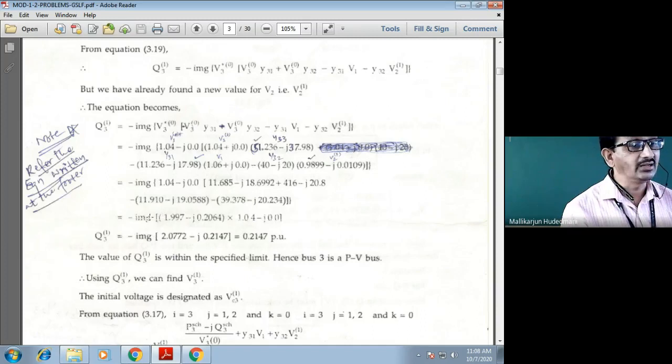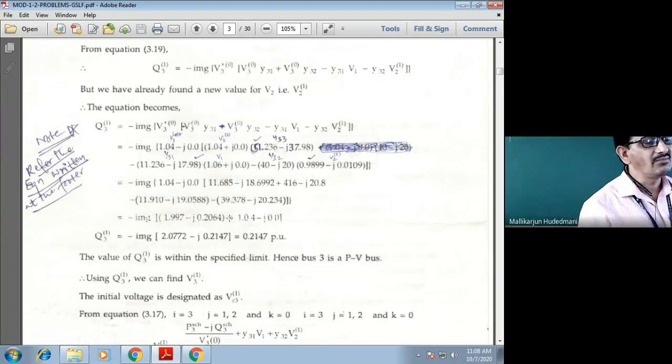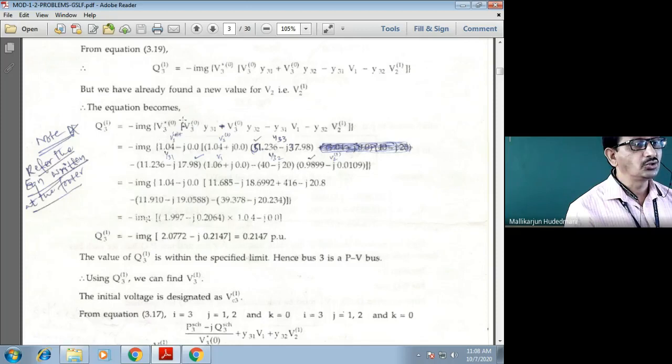I will surely land the final answer. In the last line you can see, Q3(1) equal to minus imaginary inside a square bracket 2.0772 minus j0.2147. So these many additional lines have been mentioned by the author in a systematic way that can be taken for granted by just taking the term V3(0) conjugate into I3 product.